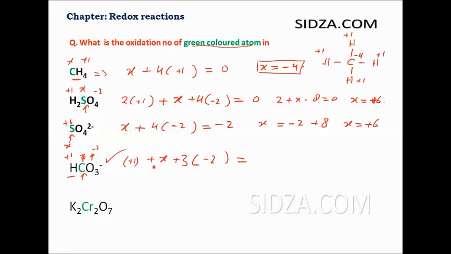The ion has a negative charge, so it is -1. So this will be 1 plus X minus 6 equals minus 1, or X will be equal to minus 1 plus 6 and minus 1, that will be plus 6.